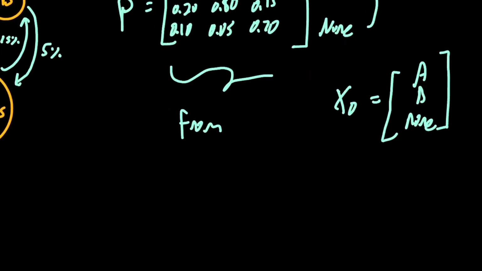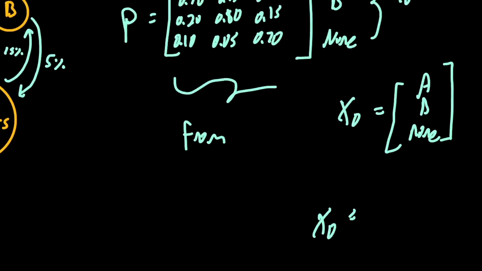Okay, so how many subscribers do we have in A? Well, company A has 15,000 subscribers and company B has 20,000 subscribers, and we're going to convert that to decimal. So let's divide that by 100,000, and we end up getting 0.150 and 0.200.